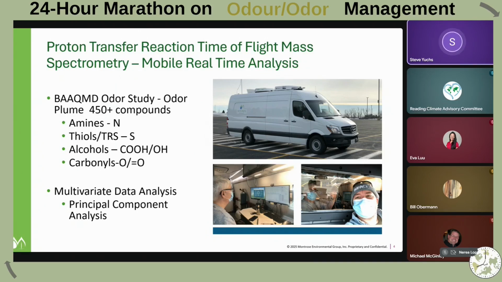We can use it along fence lines, inside facilities for process leak location, in neighborhoods for air quality and odor monitoring, and to map areas for odor hotspots, etc. The key to this versatility is being able to analyze almost any volatile organic or inorganic compound down to the part per trillion level. For the study that I'm going to talk about today, we coupled PTR-MS with principal component analysis due to the huge amount of data that we generated.